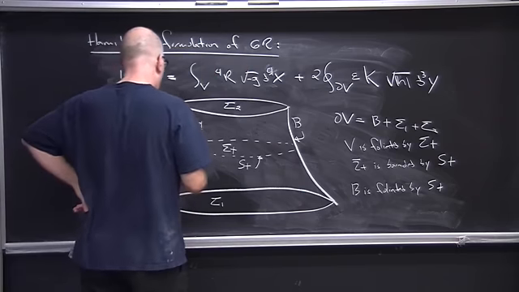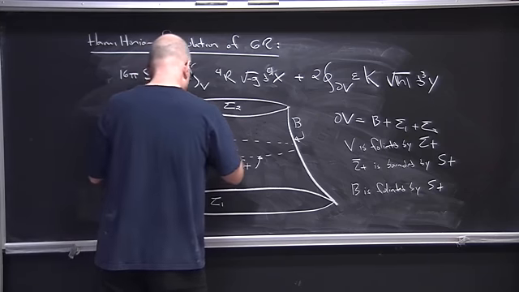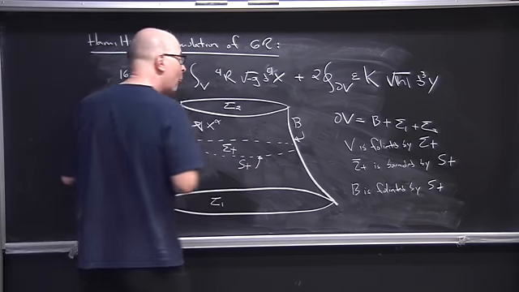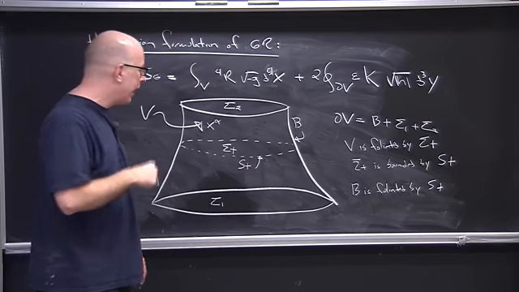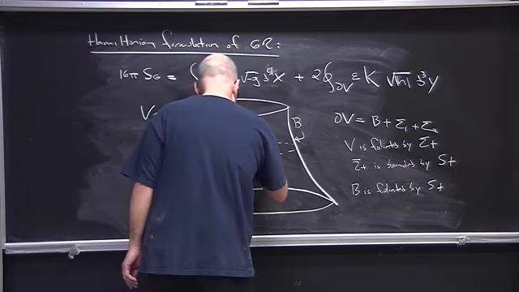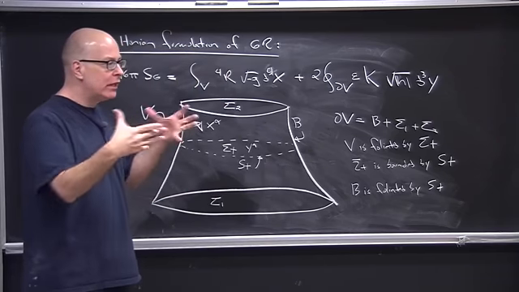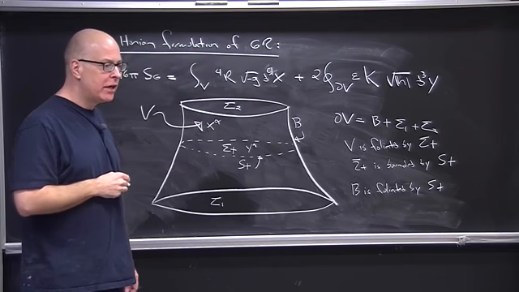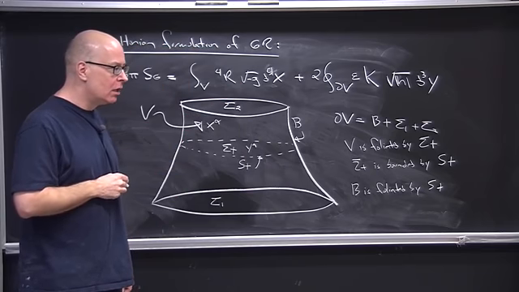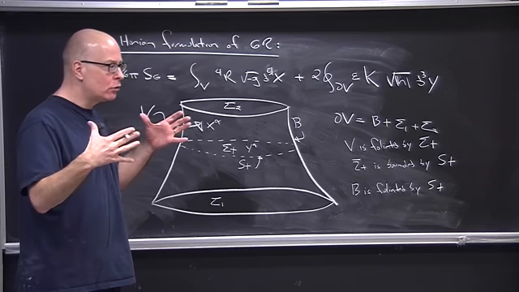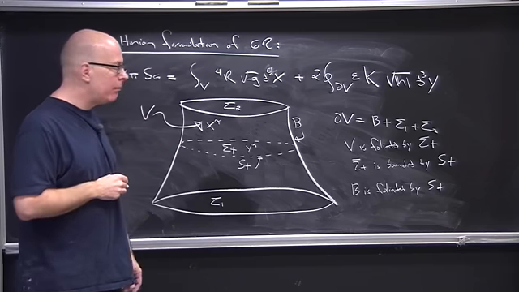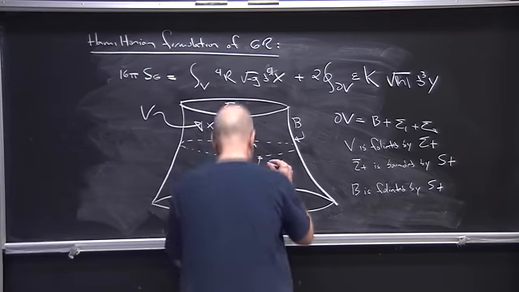In V, I have coordinates x alpha, which may or may not be chosen to be t and y a. On sigma t, I have coordinates y a. On the boundary, I'll have another set of intrinsic coordinates, since it's a two-dimensional closed surface, and I'll call them theta a.